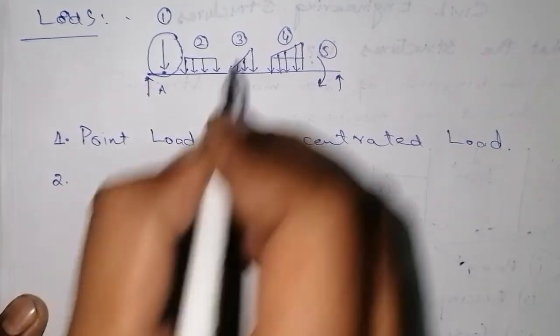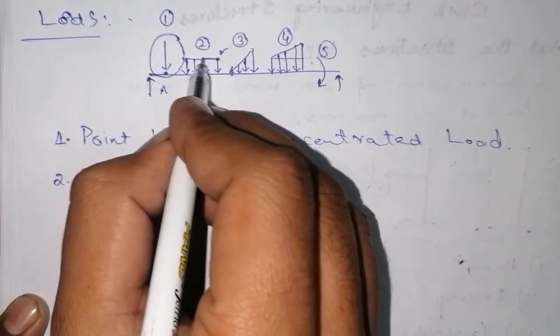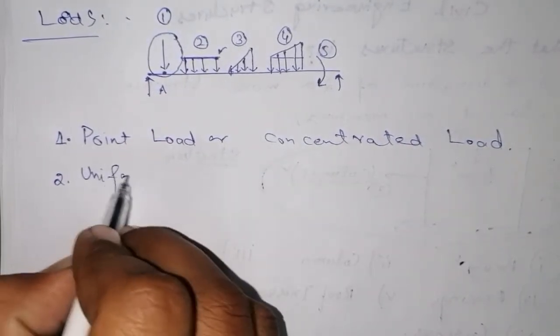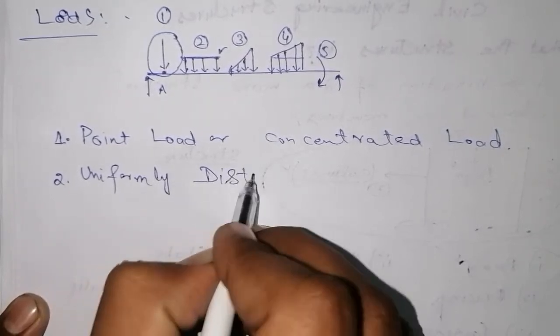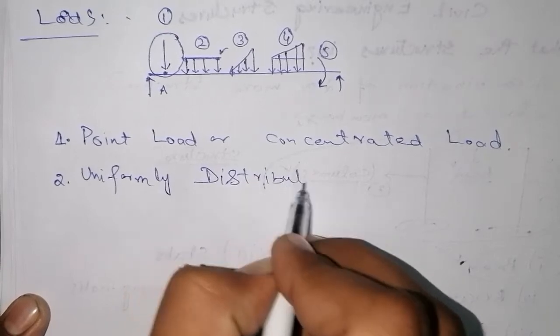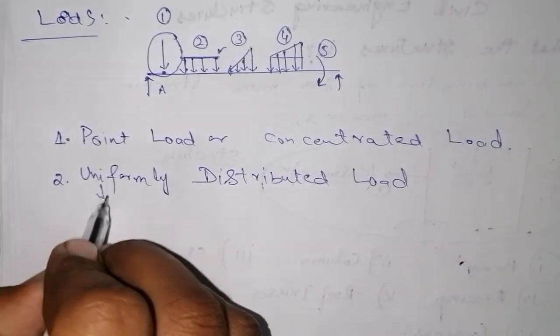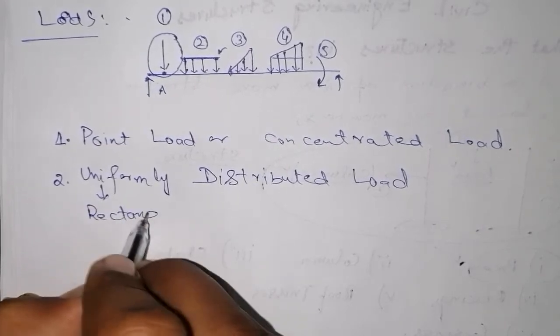At number 2, from this point to this point, this load has uniform value, so this is known as uniformly distributed load, or it has another name, rectangular loading.